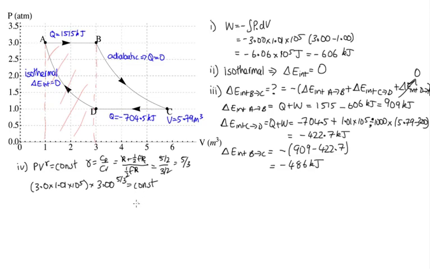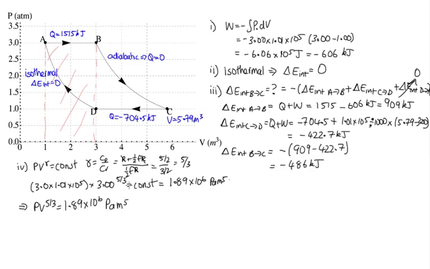So now we can just enter that into the calculator, and we find that this constant is equal to 1.89 times 10 to the 6, and the units for the constant is the pressure, which is the pascals, times the meters cubed to the 5 on 3. So that is pascals meters to the 5. So we've got an equation, PV to the 5 on 3 is equal to 1.89 times 10 to the 6 pascals meters to the 5. And so that's answer part 4.